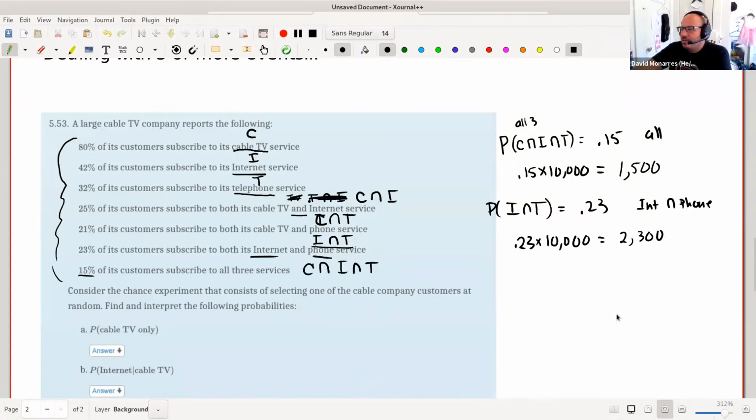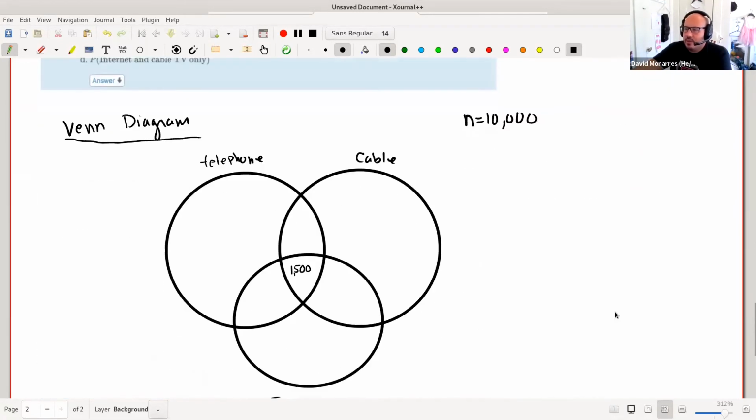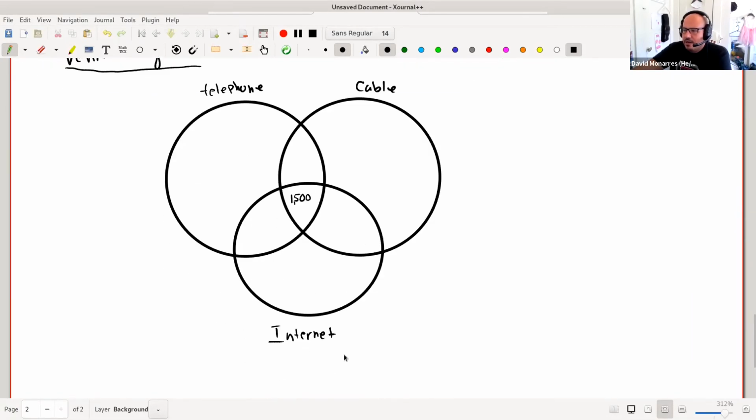Now, here's how I'm going to use that 2,300. So we have our phone users here and our internet users here. And what this tells us is that we should have 2,300 people filling up this whole intersection. But I've already accounted for this 1,500.